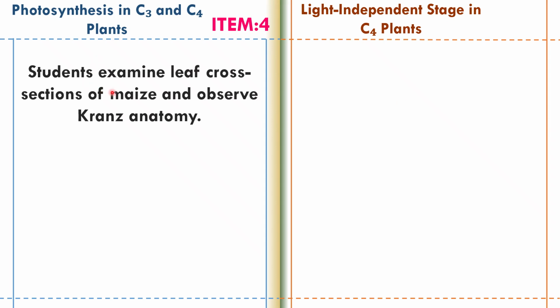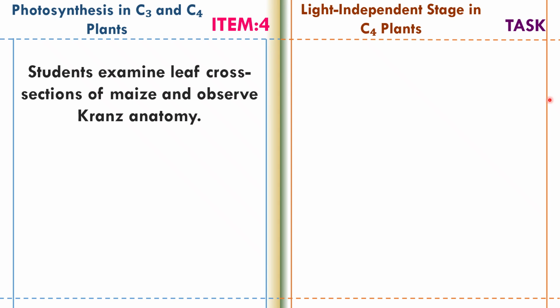We are still under photosynthesis in C3 and C4 plants. We are on item 4. We are going to emphasize now on light-independent stage in C4 plants. Students examine leaf cross section of maize and observe Kranz anatomy.